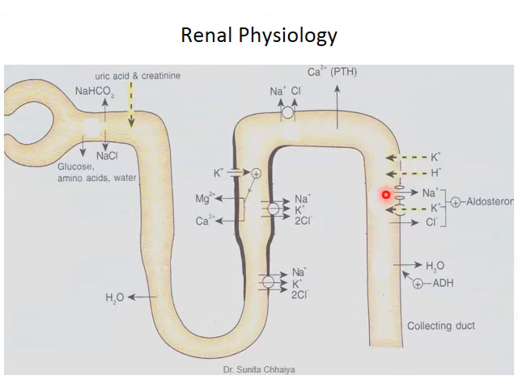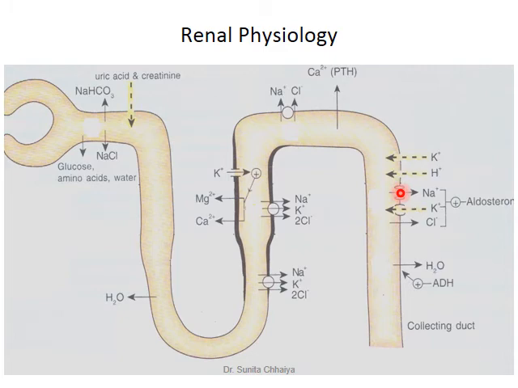The collecting tubule has two types of cells. The principal cell reabsorbs sodium ion and secretes potassium ion, while the intercalated cell secretes the hydrogen ion into the tubular fluid.